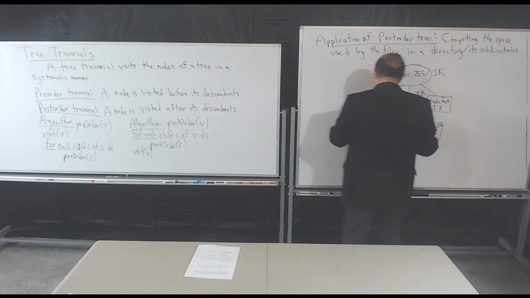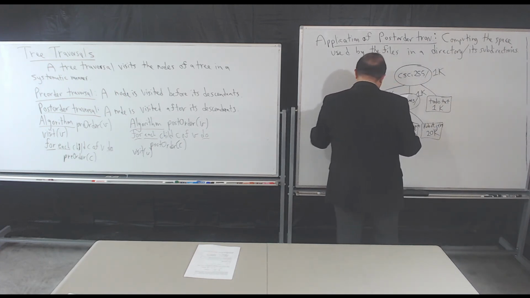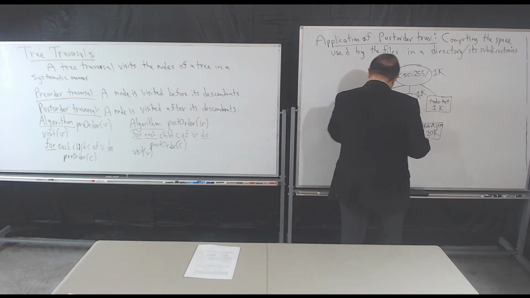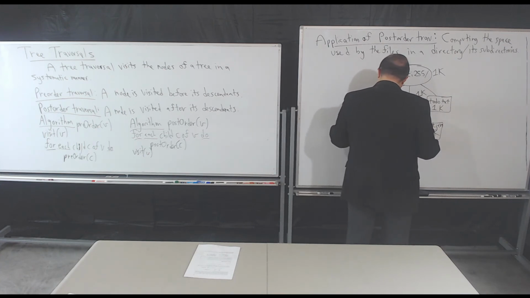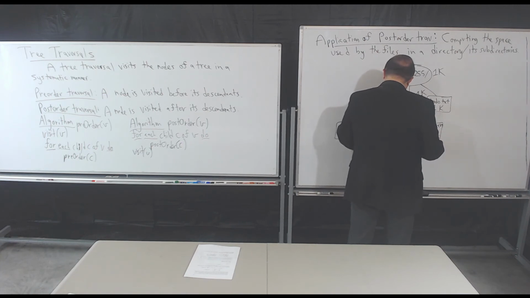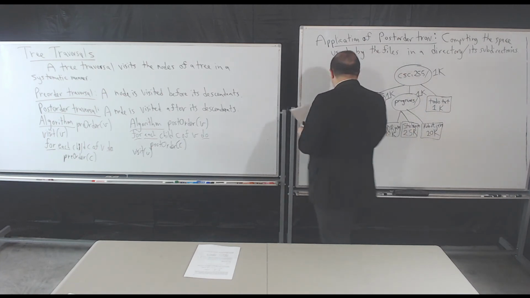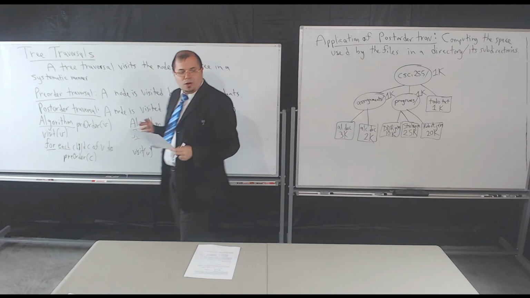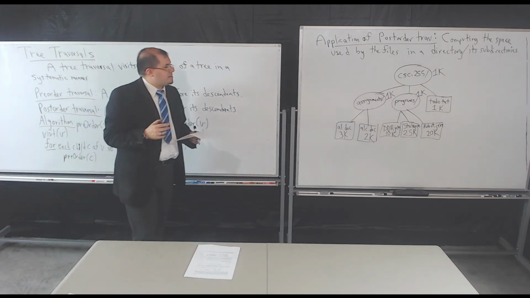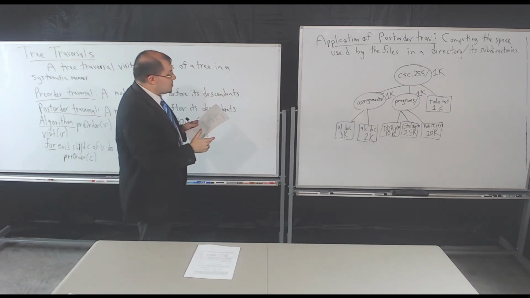Over here, I have maybe my assignments. Maybe I have some document file, maybe done in Word or something. And then I have a1c.doc, which is going to be 2 kilos. Okay, so I've laid out all the files and the directories. And my question is what the total space is.